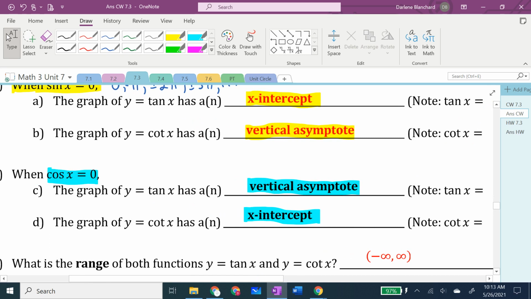Cosine is equal to 0 at angles plus or minus pi over 2, plus or minus 3 pi over 2, plus or minus 5 pi over 2, and I could keep going, plus or minus 7 pi over 2. So all the odd multiples of pi over 2.